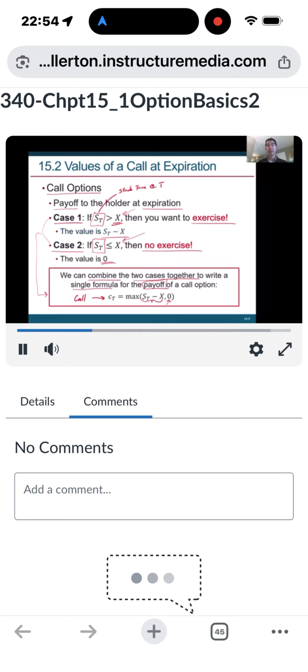So 0 corresponds to not exercising it and throwing it away. This corresponds to if you exercised. And it's an option, so it's your choice. And of course, you're going to take the larger of these two. You're going to take the maximum of these.